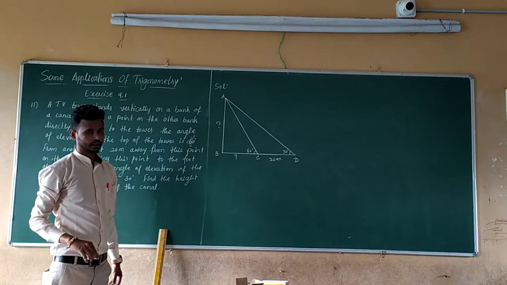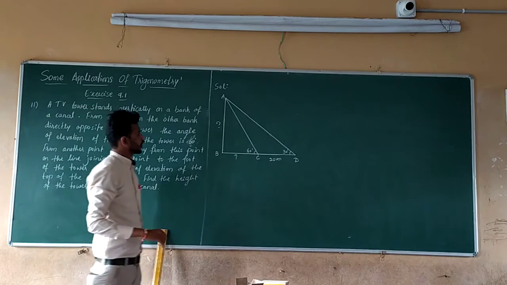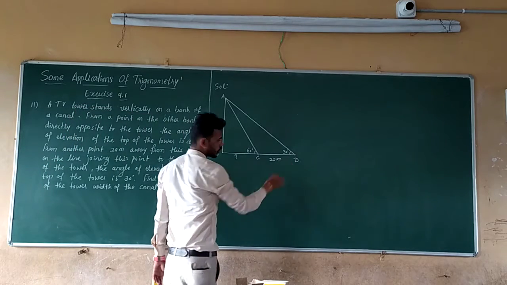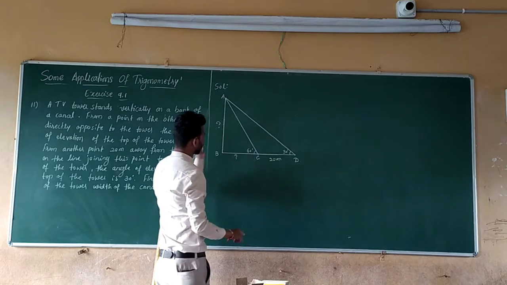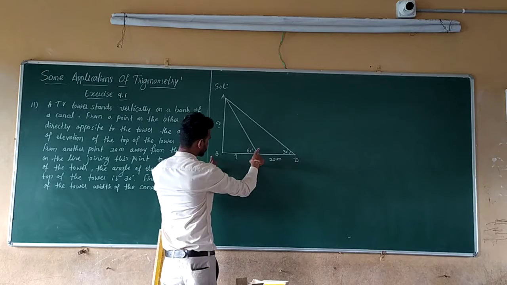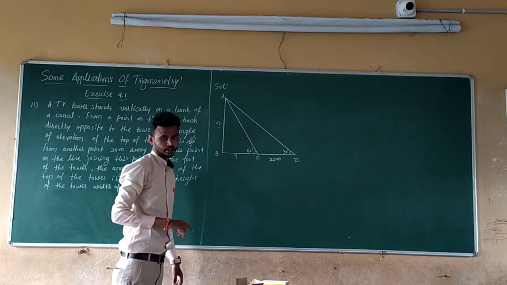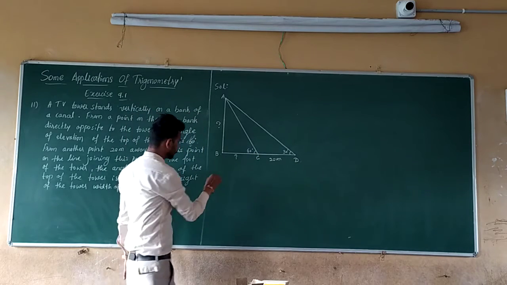So how do we need to find it? Here use tan 30, you will get one equation. Again use tan 60, you will get another equation. So let us see.